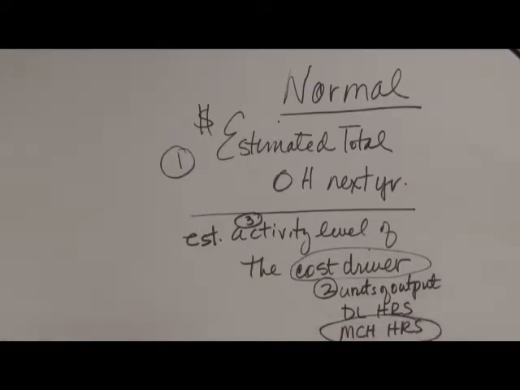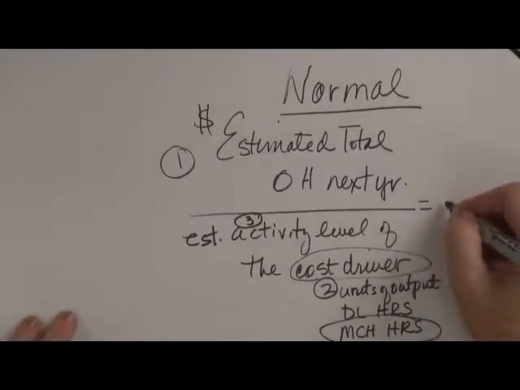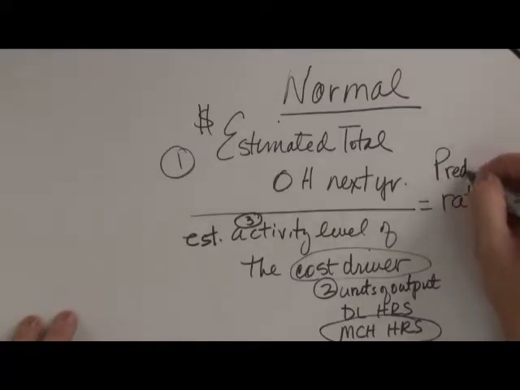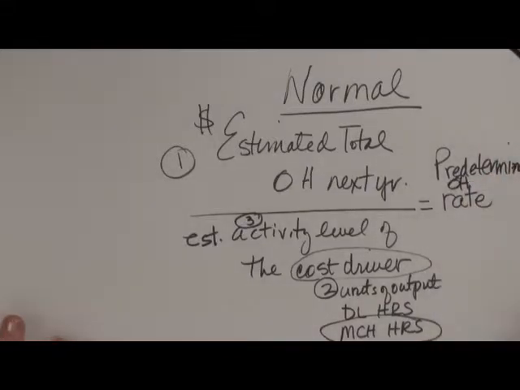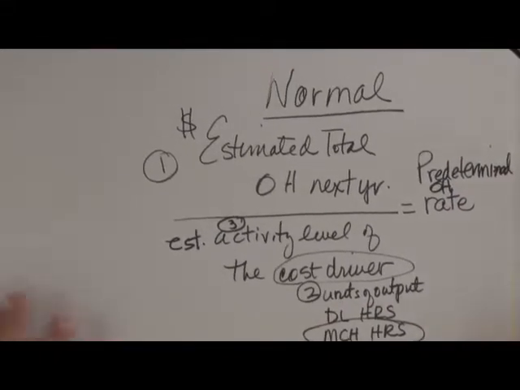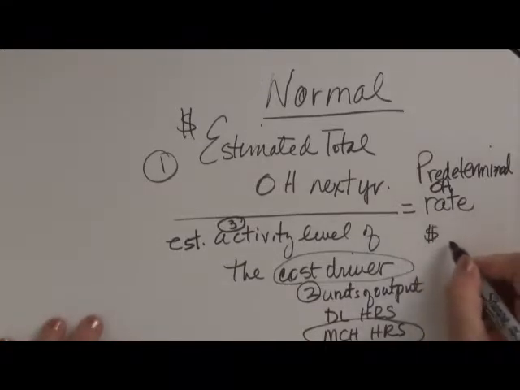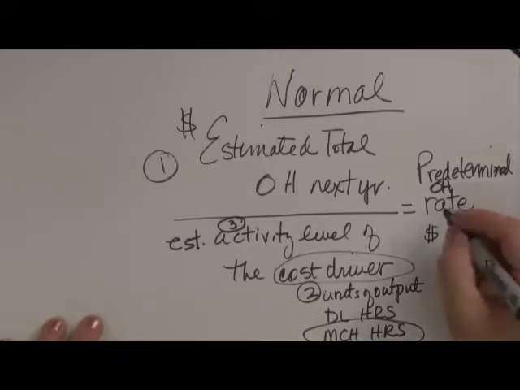When we, for example, might choose machine hours, what will come from this calculation is some kind of predetermined overhead rate. And it would be expressed as so many dollars per machine hour.